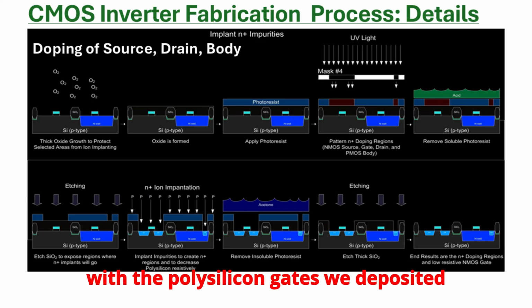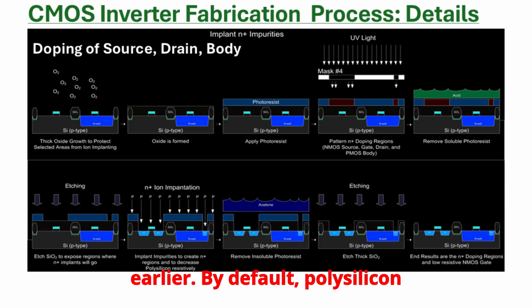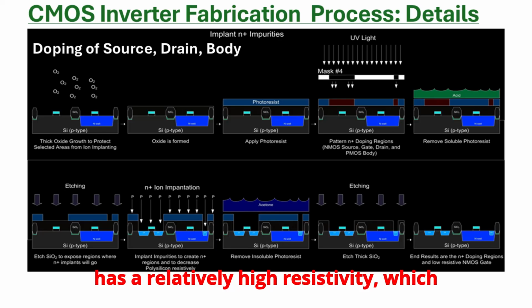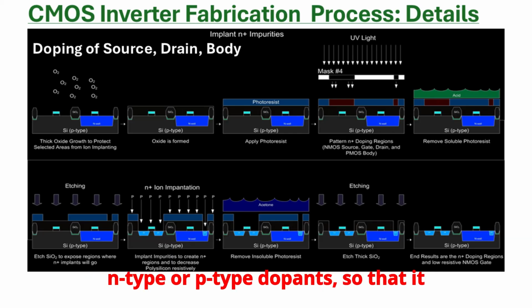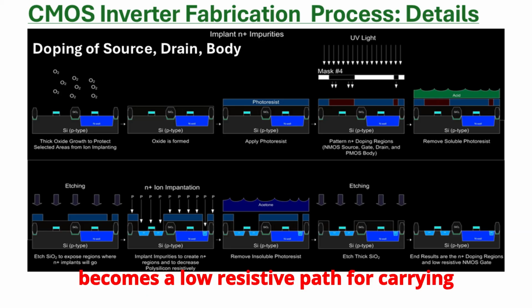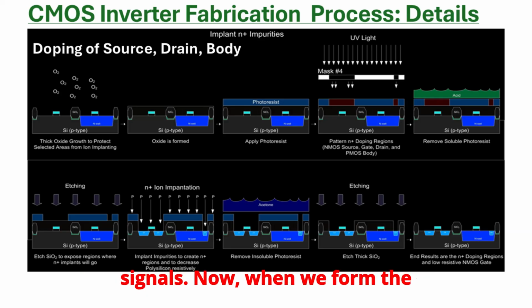Let's begin with the polysilicon gates we deposited earlier. By default, polysilicon has a relatively high resistivity, which makes it a poor conductor. To make it function effectively as a gate electrode, we need to dope it heavily, either with N-type or P-type dopants, so that it becomes a low-resistive path for carrying signals.